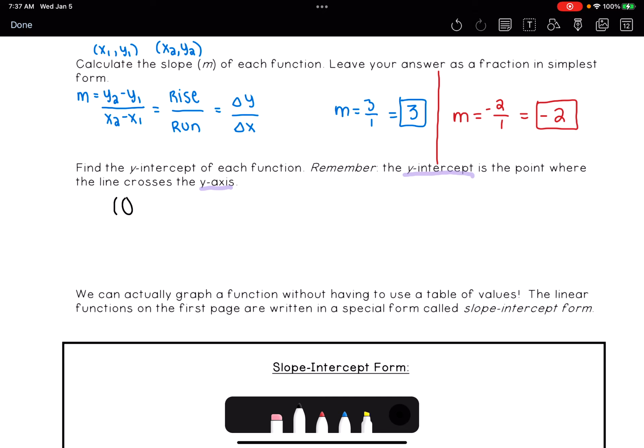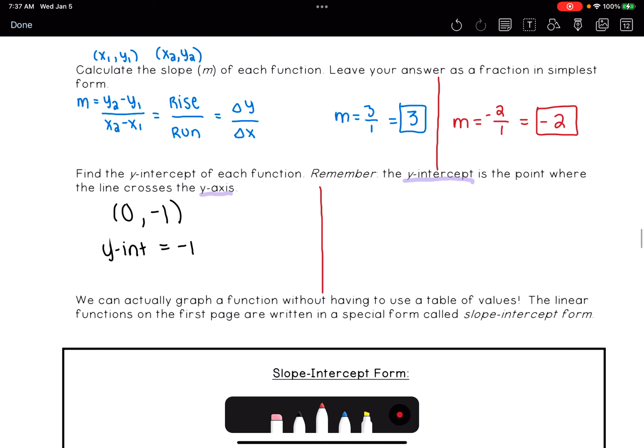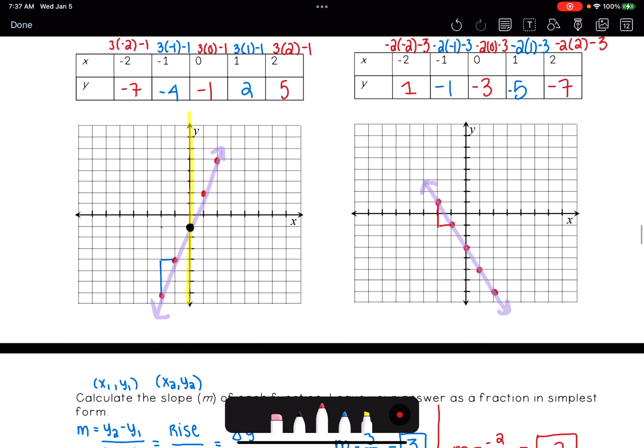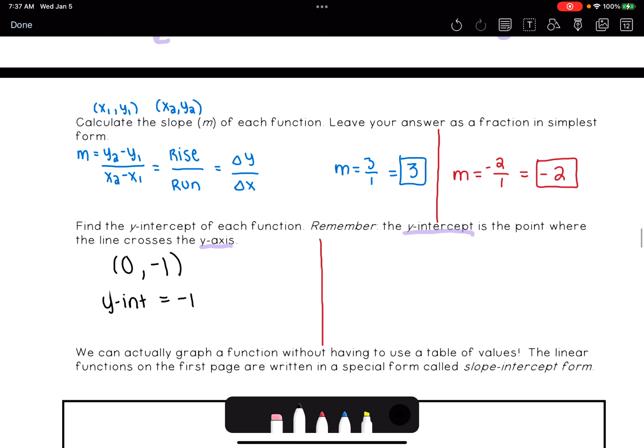So we can either say 0, negative 1, or you can say that the y-intercept is negative 1. There's a few ways to write it. For our second graph, our y-intercept is at negative 3. So we can either say 0, negative 3, or we can say our y-intercept is equal to negative 3.